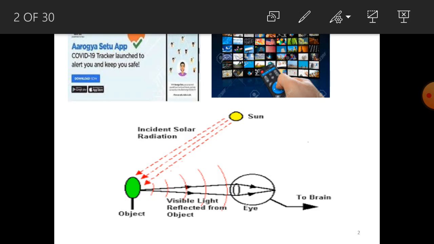Remote sensing is a word in which remote means far or distant, and sensing means collection or gathering of information. So remote sensing generally means collection of information about objects or phenomena without coming in contact with them.